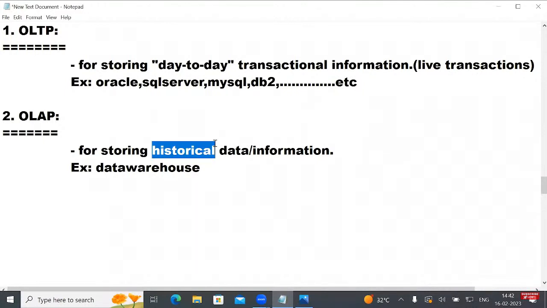Why, sir, doesn't it have any size? A simple example. In my laptop, my hard disk is 1 terabyte. Now I'm installing the Oracle database server in this laptop. Tell me, what is the capacity and size of my database now?